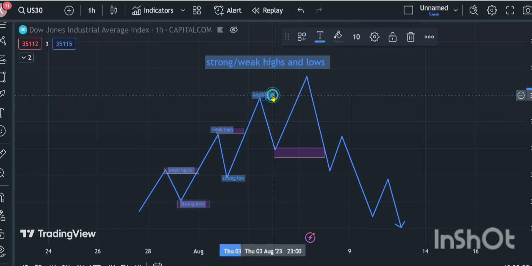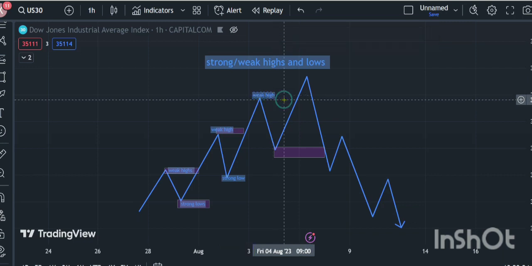There we have our strong highs and weak highs. So how do you define a strong low, a strong high, or a strong low then?